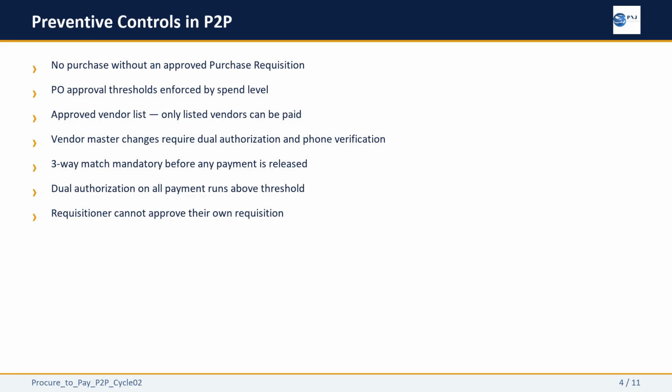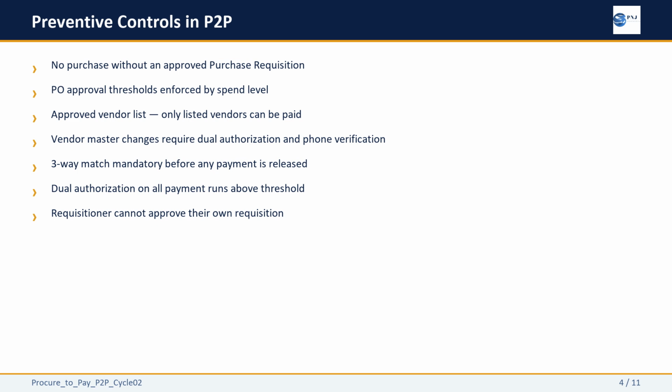7 preventive controls anchor the P2P cycle. No purchase without an approved PR removes unauthorized spend at the source. PO approval thresholds calibrate authorization to risk. The approved vendor list ensures payments only go to verified suppliers. Dual authorization and phone verification for vendor master changes block payment redirection fraud.